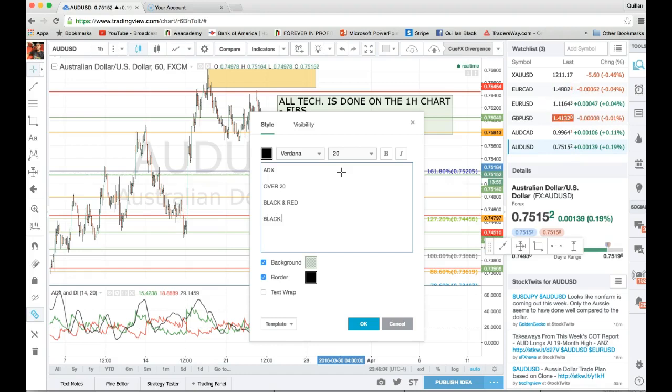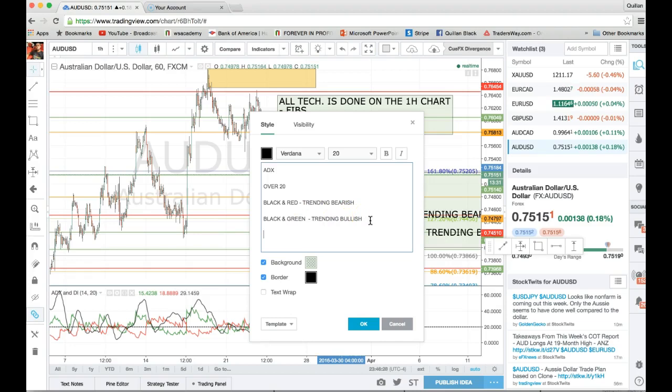Black and green. So this right here means a trending bearish market. This means a trending bullish market.